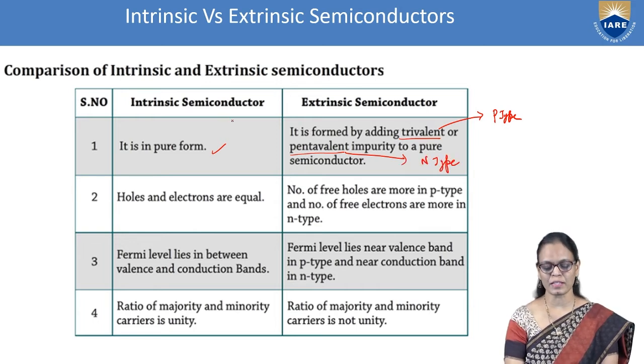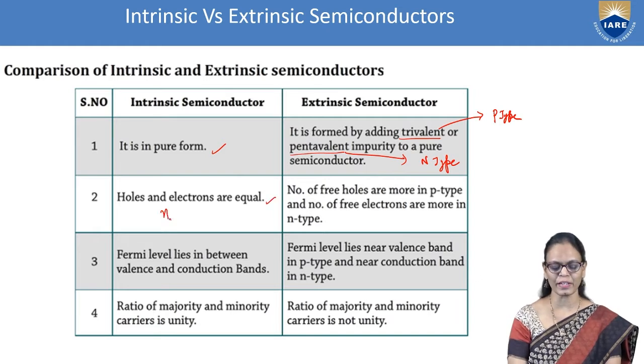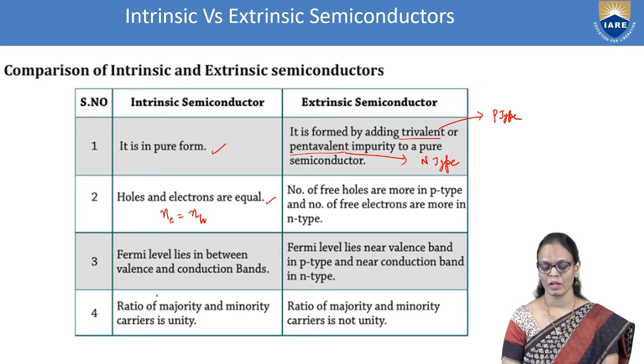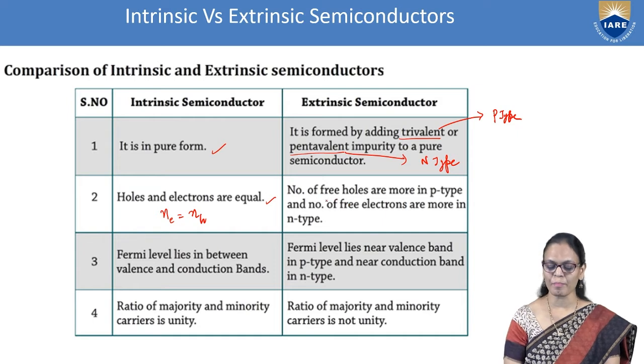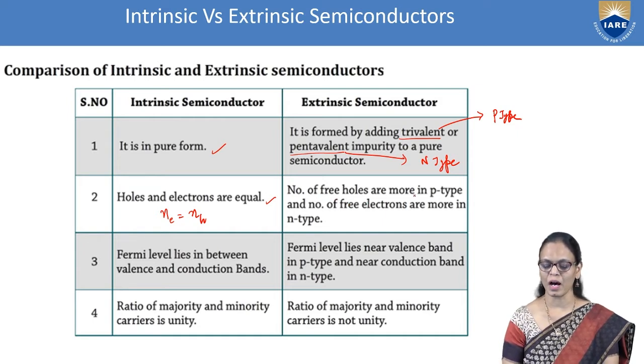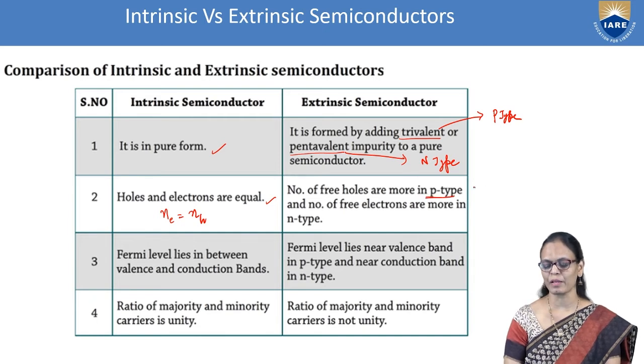In intrinsic semiconductors, holes and electrons are equal, so Ne is equal to Nh. But in extrinsic semiconductor, the number of free holes is more in P type. So if we are talking about P type, Nh is greater than Ne.